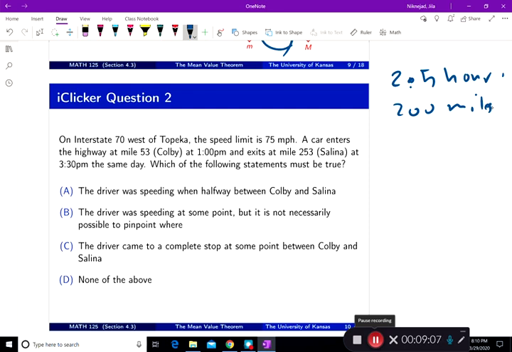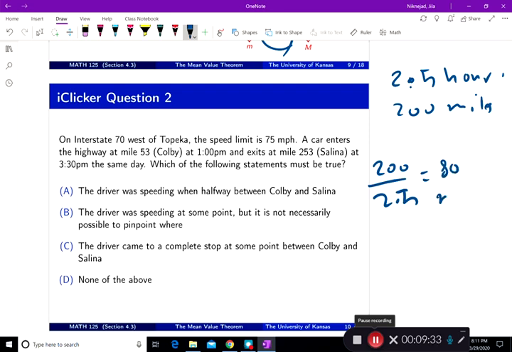Okay, after the pause, what is going to happen in here? What I see is the average rate of change that the driver had was 200 divided by 2.5, which if you compute is going to be 80.